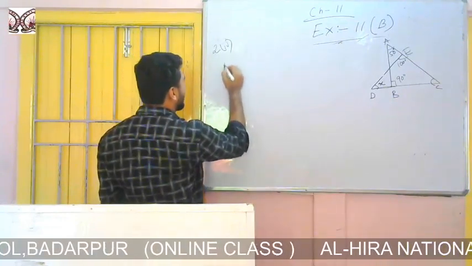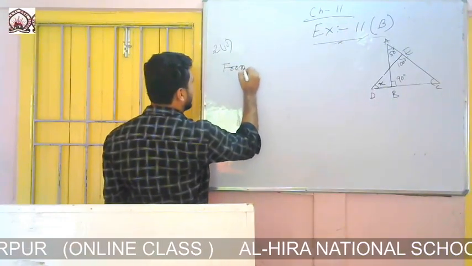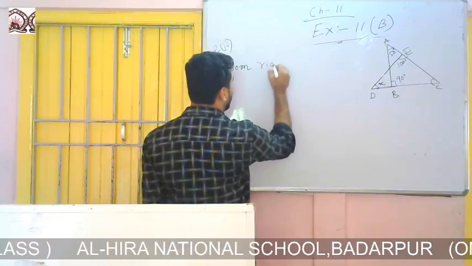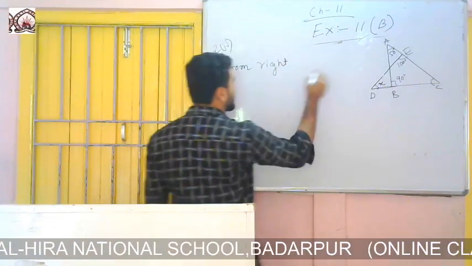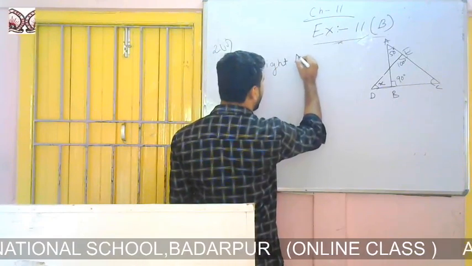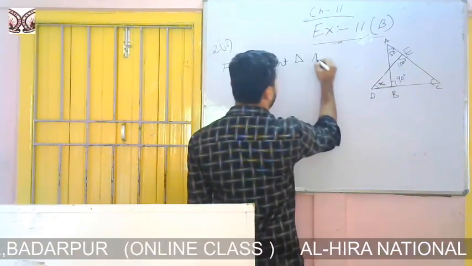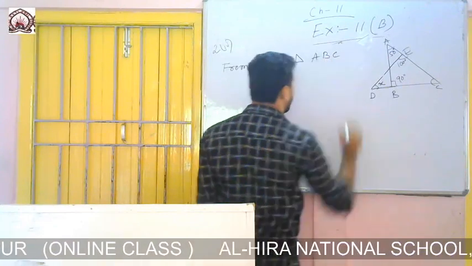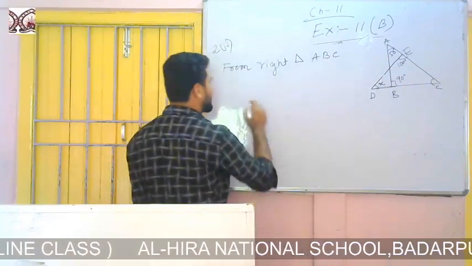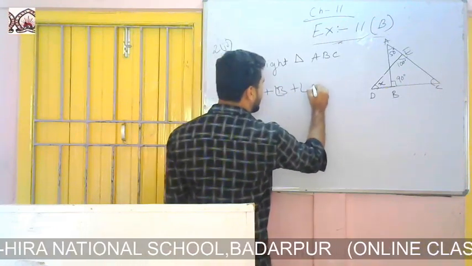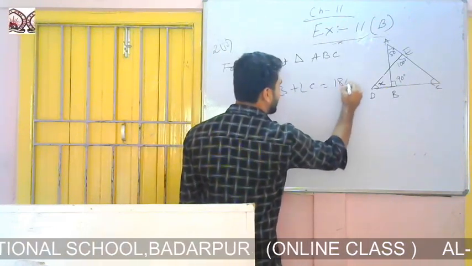So write from the right triangle ABC, you can write angle A plus angle B plus angle C equals to what? 180 degree.